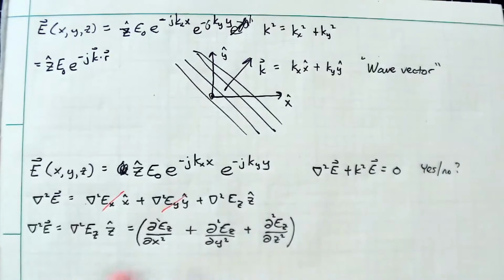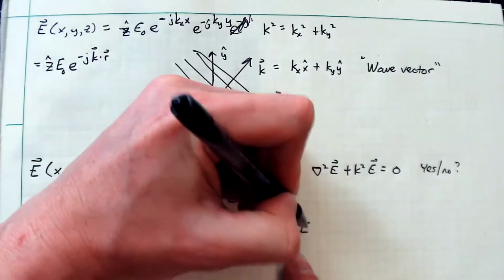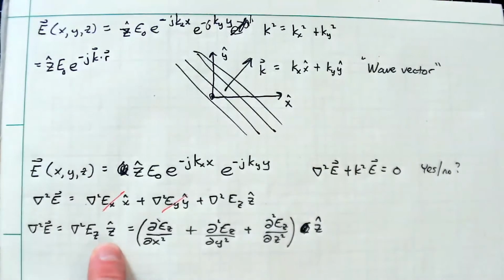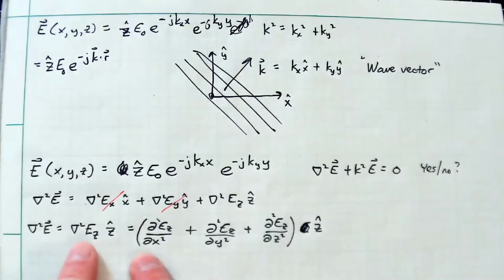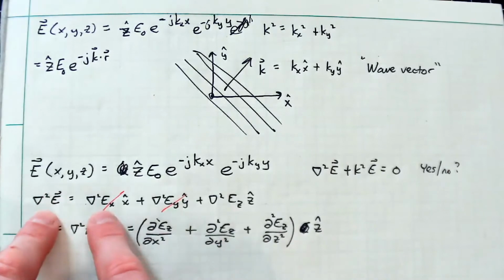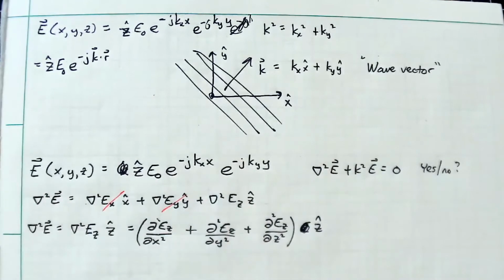So we're just going to pick out a single coordinate here. Sorry, and that's a z hat here, because this already had the z hat there. Again, that is the scalar Laplacian, which is just the partial derivatives acting on each coordinate. And then the vector Laplacian is a scalar Laplacian on each individual bit.